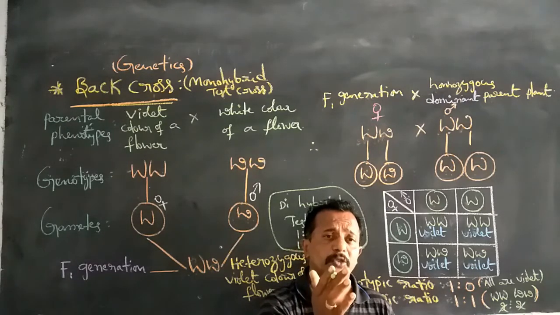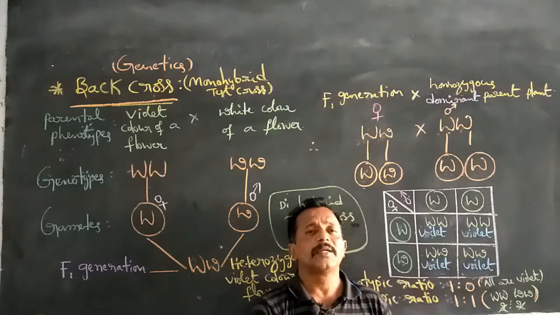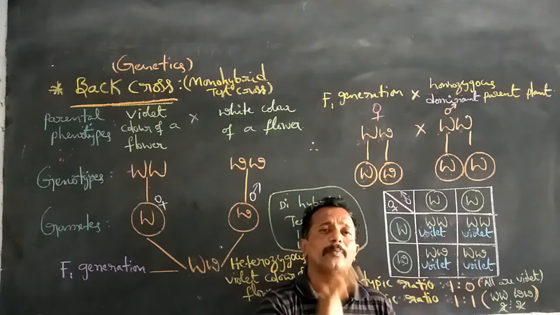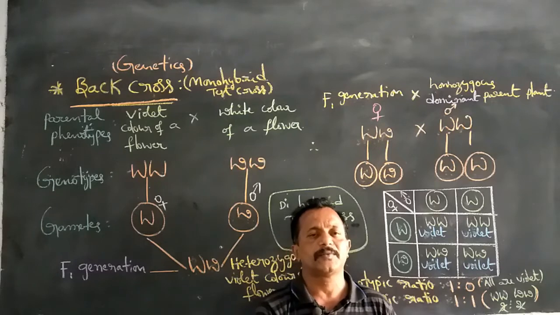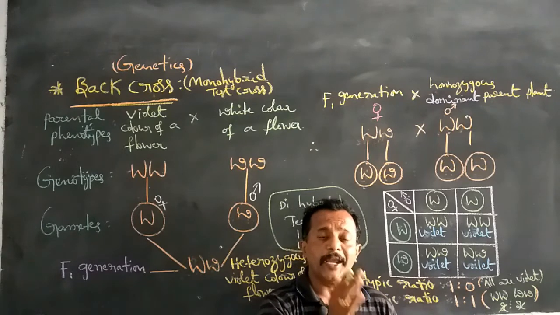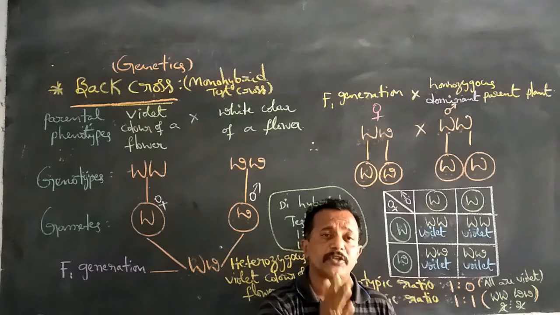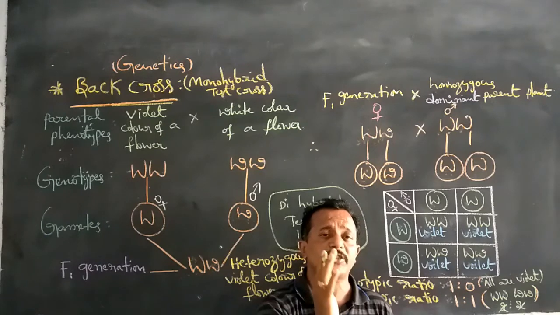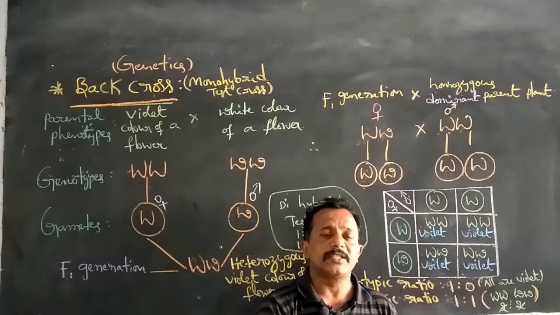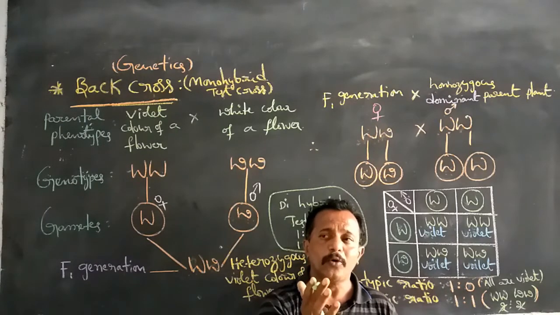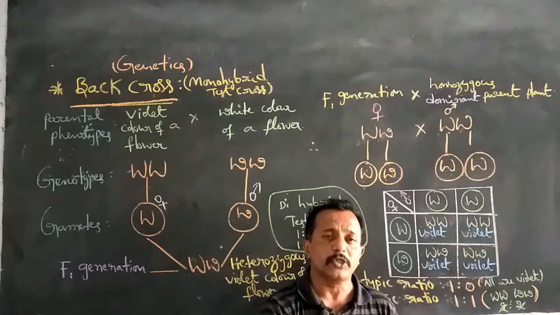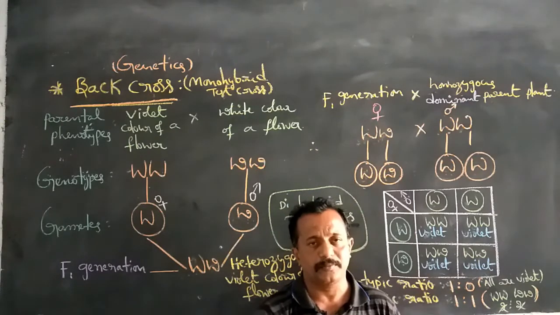The genetic ratio of the monohybrid back cross is similar to the phenotypic ratio and genetic ratio of the monohybrid test cross. This is very, very important.